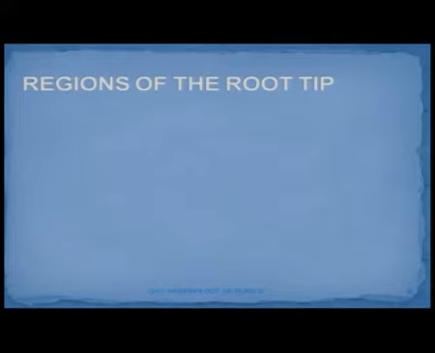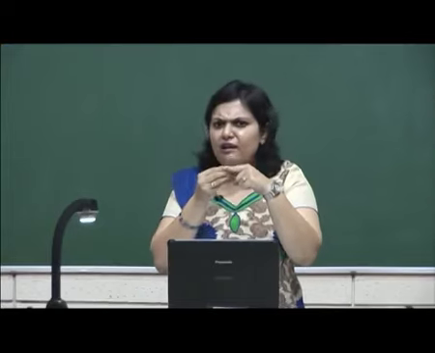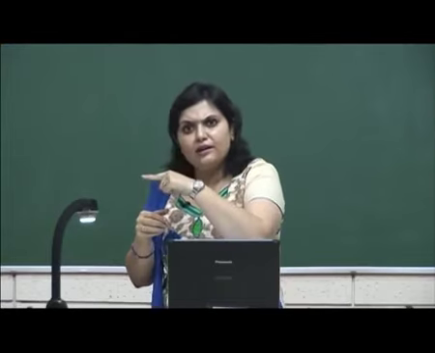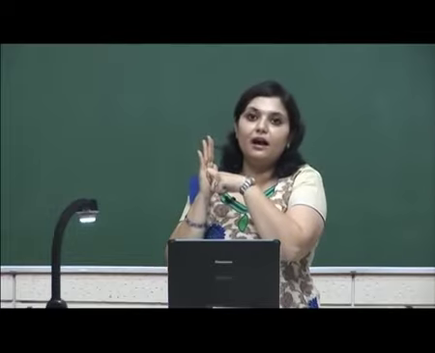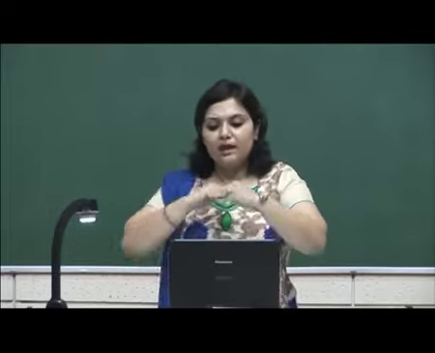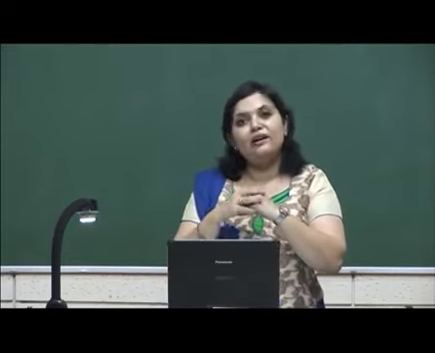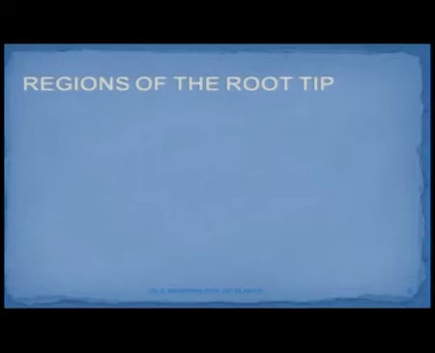The root tip should be slender, very fine, so that it can penetrate deep down, and also it must be soft so that it does not get broken when it hits something hard, and at the same time it should be covered with a protective covering so that it is not damaged. That means the structure of the root tip is very typical.